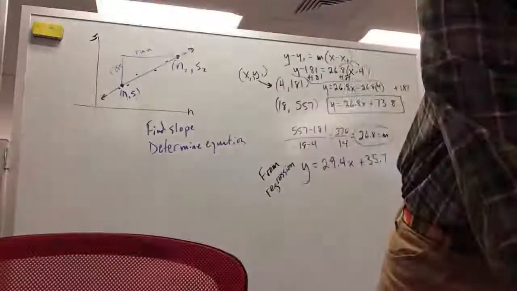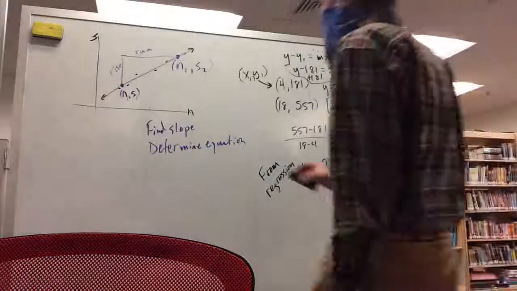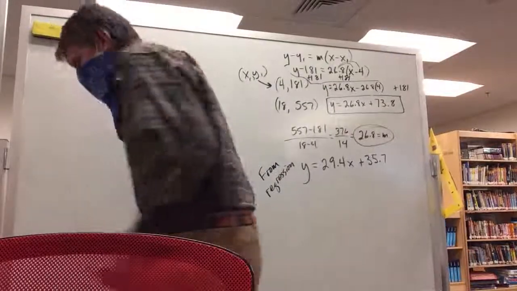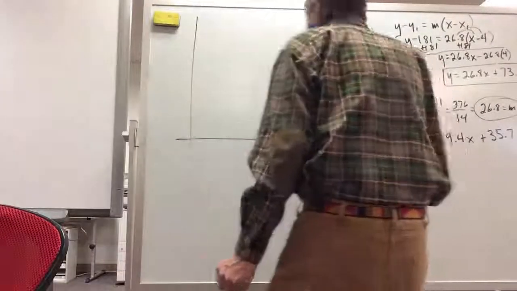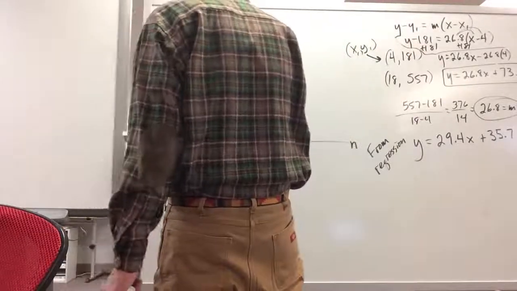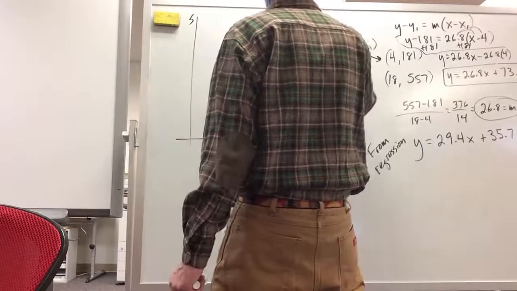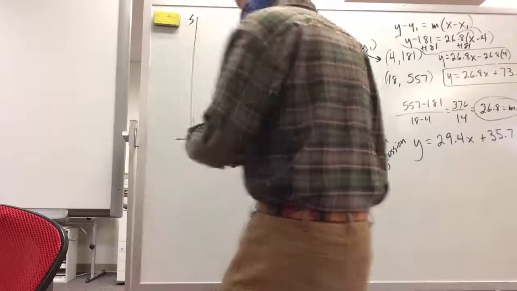I'm going to scribble out a little bit bigger graph here. So let's say we had data points as such. And then we were going to draw a line through.